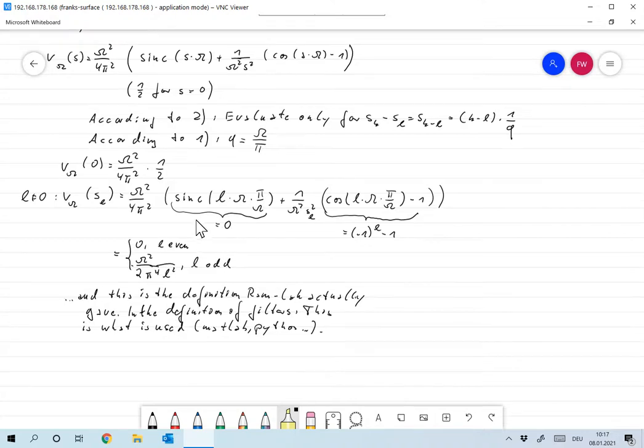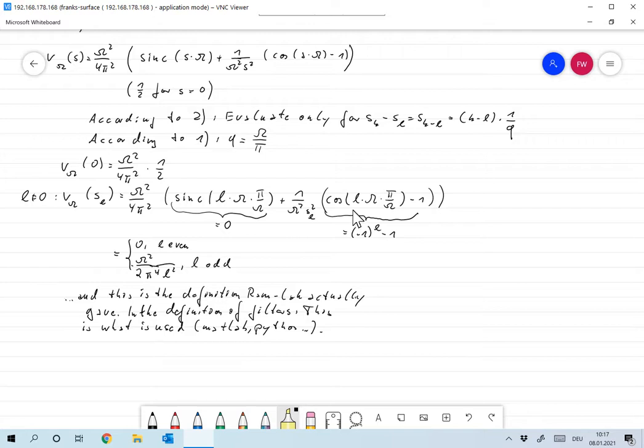Okay, but now remember, L is not equal to 0, and the sinc x is sine x over x. And this is now a multiple of pi, so that evaluates to 0 for L not equal to 0, because it's something like sine of L times pi over L times pi, which is 0.